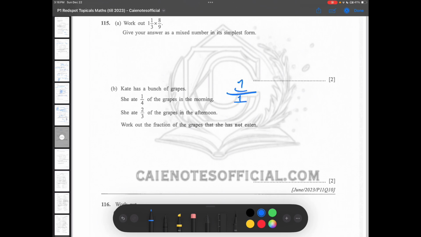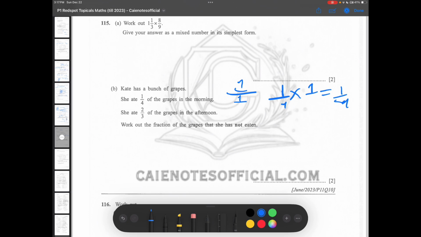These are the total grapes. She ate 1 upon 4 of them in the morning. So 1 upon 4 of 1 is 1 upon 4. And she ate 2 upon 3 of the grapes in the afternoon. 2 upon 3 of 1 is also 2 upon 3.